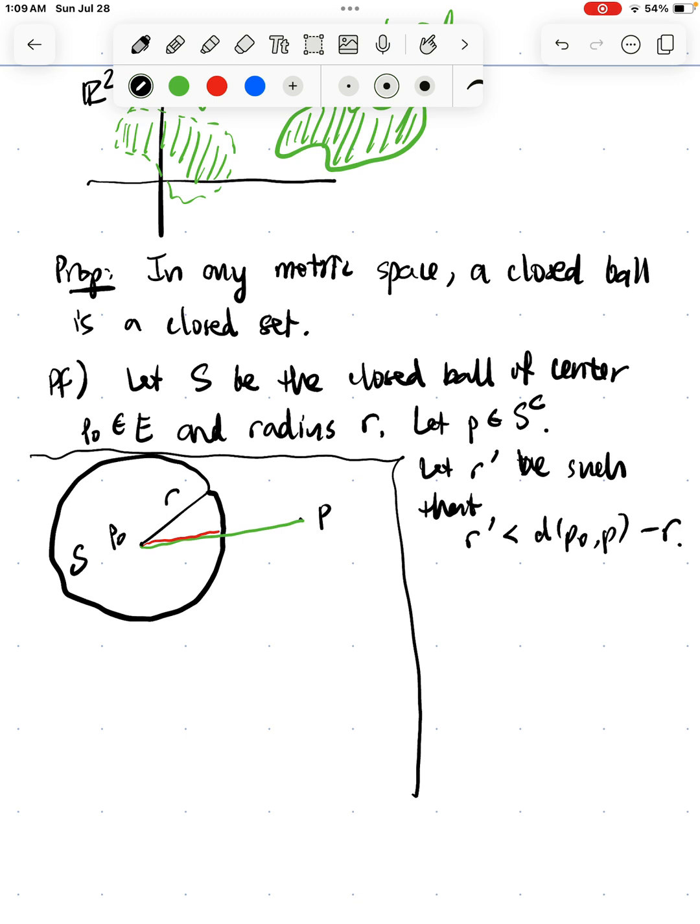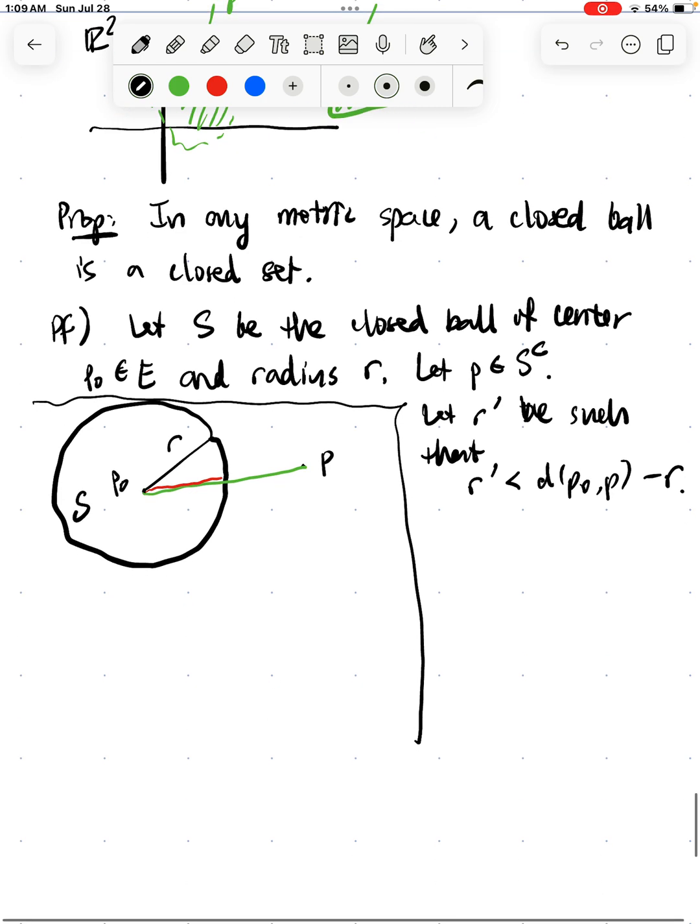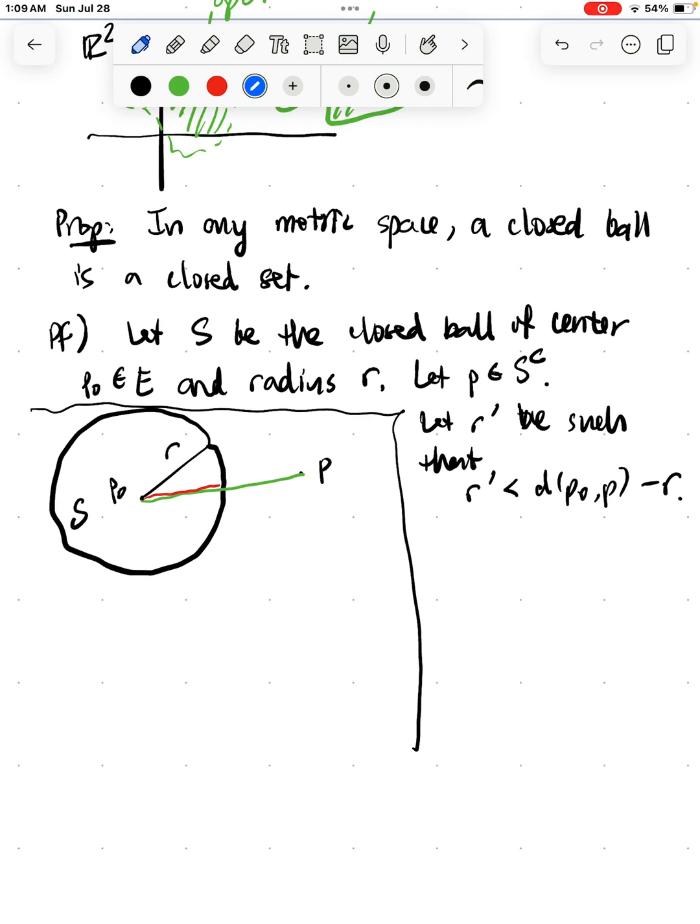Yes, since P is outside this. Okay, so S consists of all the points such that the distance between P naught and that point is less than or equal to R. And so if you're not in S, that means that the distance between P and P naught must be greater than R. And so therefore when you subtract R, you get something positive. Okay, so let R prime be this. So just any number that's less than this, right? Let's say here.